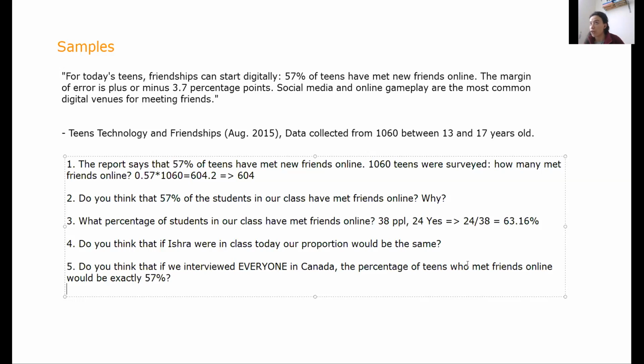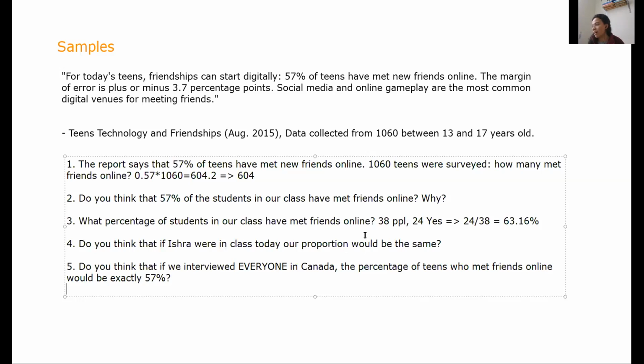Okay, that's actually a pretty good remark, but the numbers would be closer together to the actual value, and it's not necessarily true that the percentage is smaller than 57%. It might get narrower around 57%, or around a larger value, or around a smaller value. So chances are the percentage would not be exactly 57%, because if it were, that would just mean this research company was really lucky in finding the exact percentage.